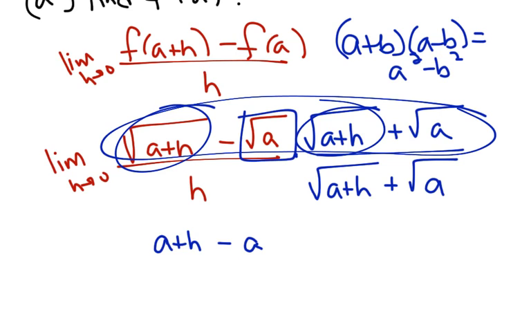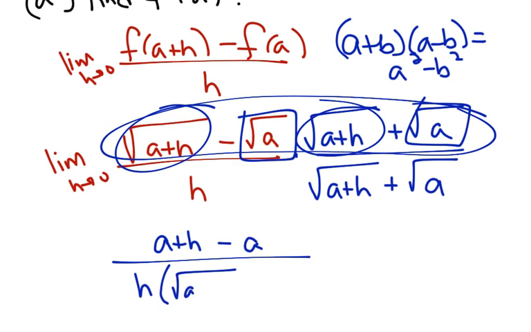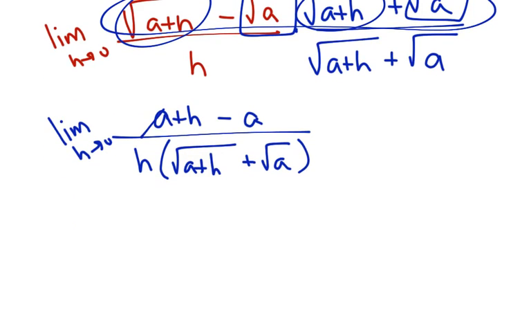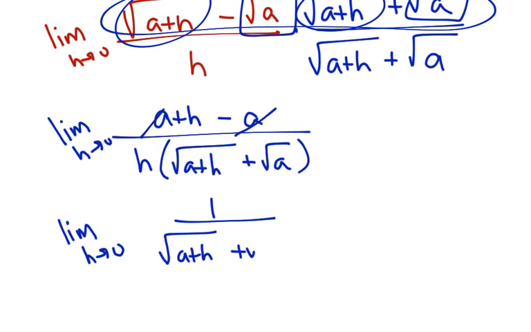But in the denominator, I'm not going to distribute it out. I'm going to leave it like this, because the numerator then simplifies into h. The a's cancel, you're left with h, but h over h is 1. So now I'm left with 1 over the square root of a plus h plus the square root of a.